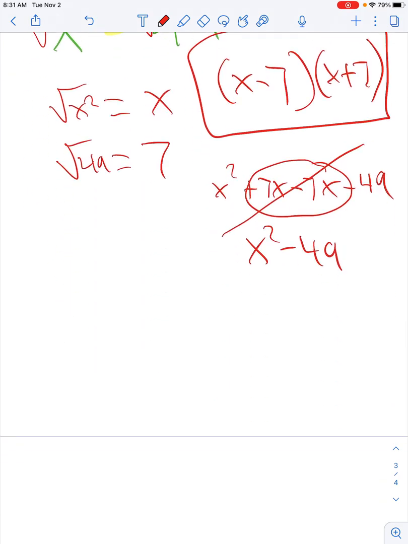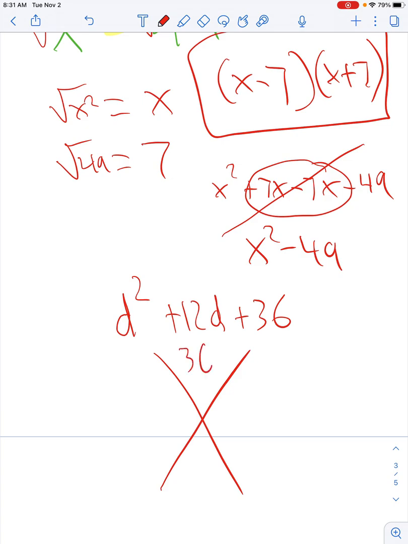A perfect square trinomial looks like this. Let's say I've got x squared plus 12x plus 36. If I make my factor x, it's got to multiply to equal 36 and add to get 12.